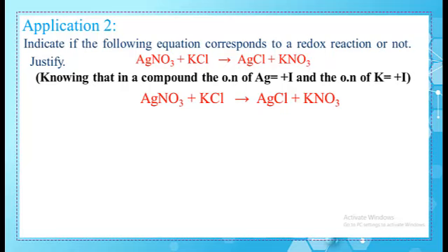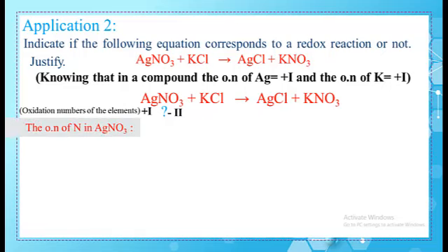You have given that the oxidation number of Ag is equal to +1. You know that the oxidation number of oxygen in a compound equal to -2, but you don't know the oxidation number of nitrogen in a compound, so we should calculate it.